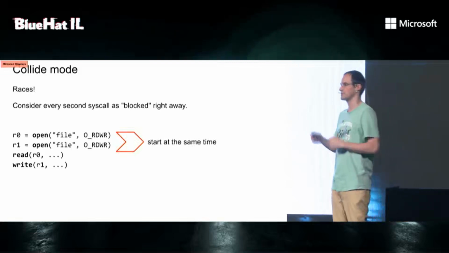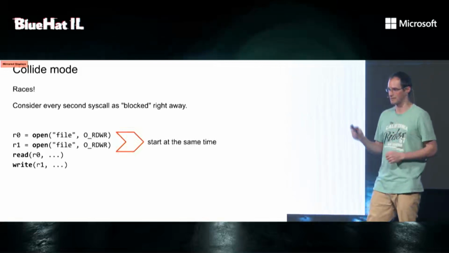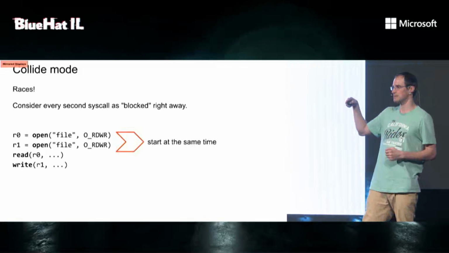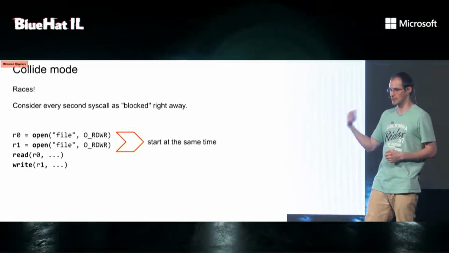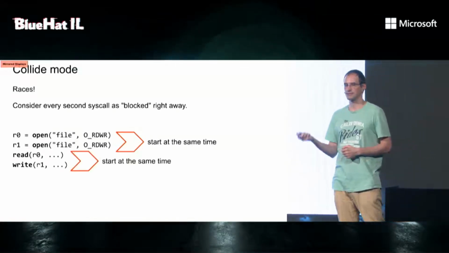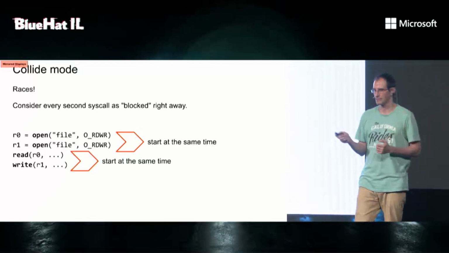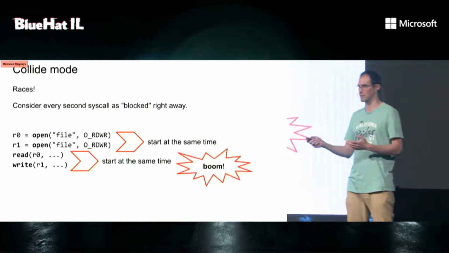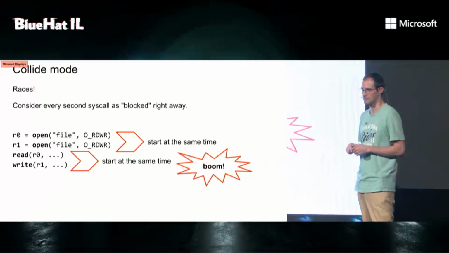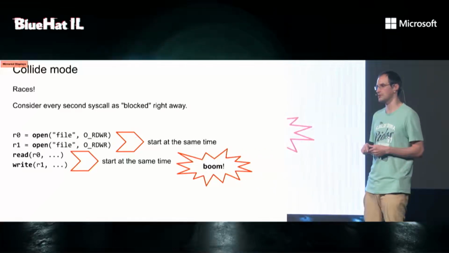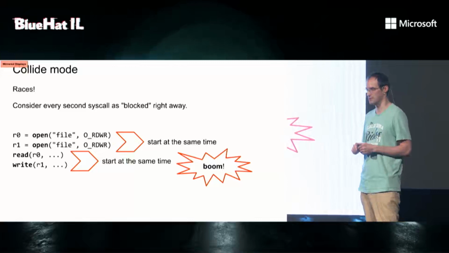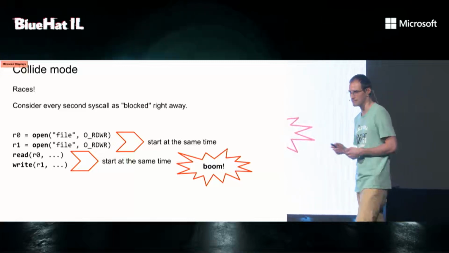So we start the two opens at roughly the same time. Then we wait for the second of the system calls, and then we again dispatch the next two system calls almost together. This potentially may help provoke a race between those system calls. It's a pretty simple strategy, but it helped us to find lots and lots of races already.